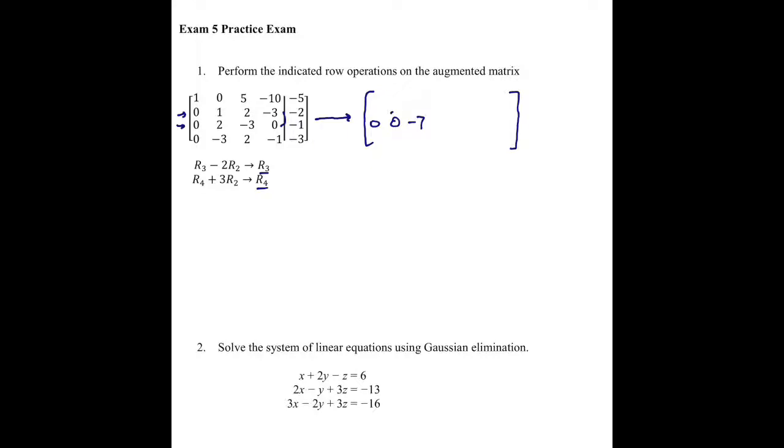And then 0 minus 2 times negative 3, that's 0 minus negative 6, so that's 6. And then finally here, negative 1 minus 2 times negative 2, that's negative 1 minus negative 4. So negative 1 minus negative 4 is the same as negative 1 plus 4, which is 3.